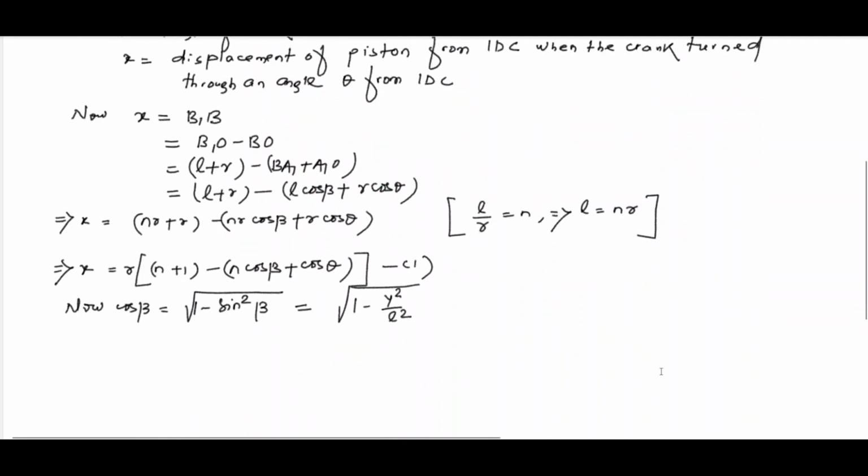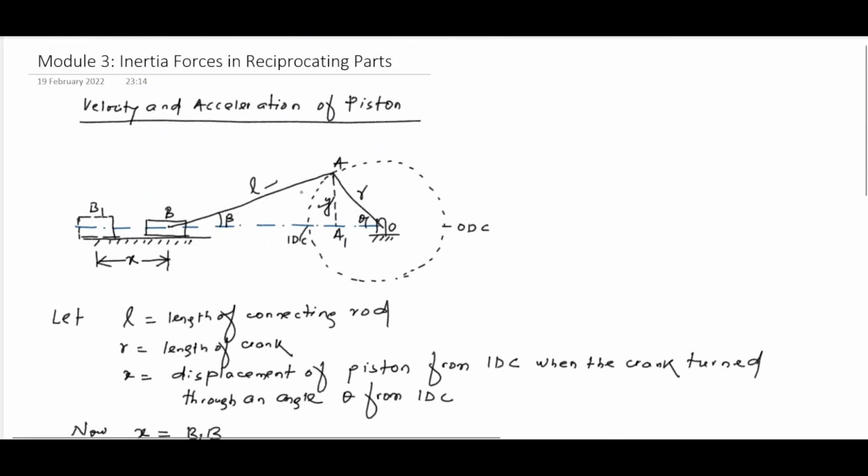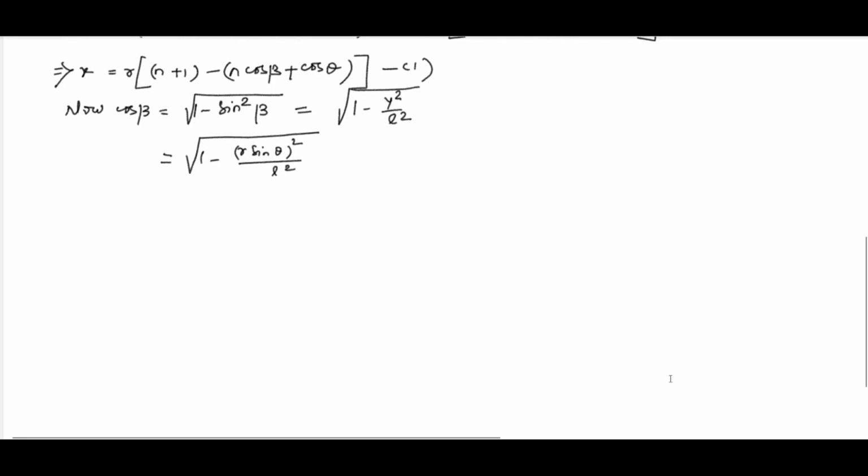Instead of this y we can write r sine theta, root over of 1 minus (r sine theta) square divided by L square, because y is also equal to r sine theta.